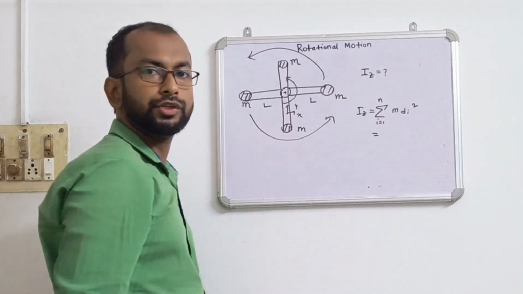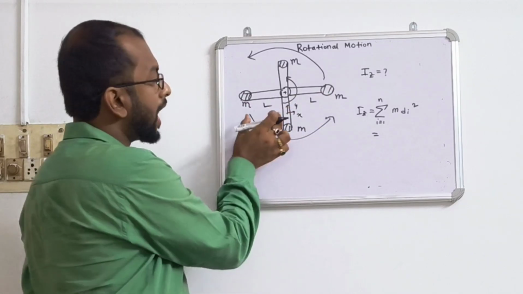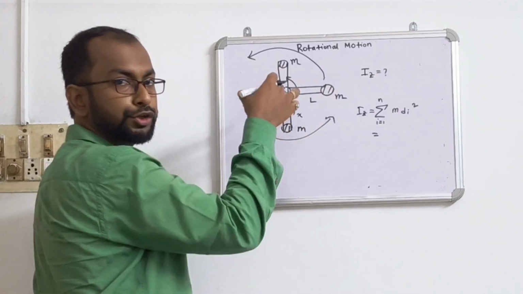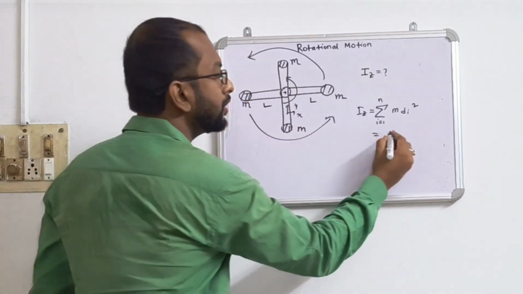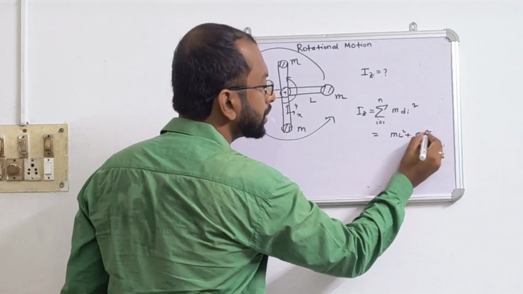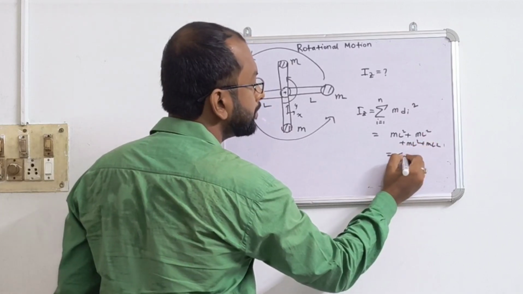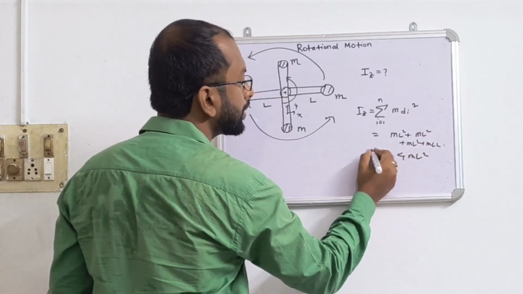That is the moment of inertia. So here in this case, all m masses are at L distance from the center of rotation, or the axis of rotation like this. So it will be summation of all the masses into the distance square. ml square plus ml square plus ml square. So it will be 4 into ml square. That is the Iz.